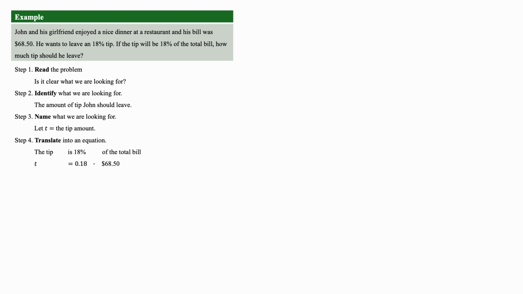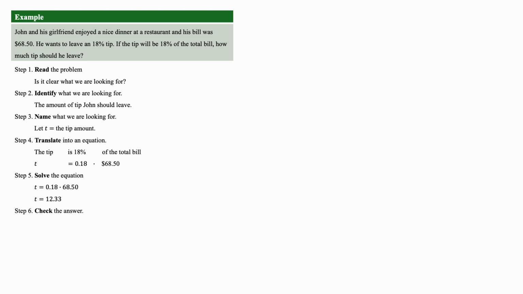Remember, we have to translate that into a decimal. We can't keep it as a percent. And then we multiply that, because of means multiply, of $68.50. Let's solve this equation. t equals 0.18 times $68.50. And we get the total tip amount should be $12.33.